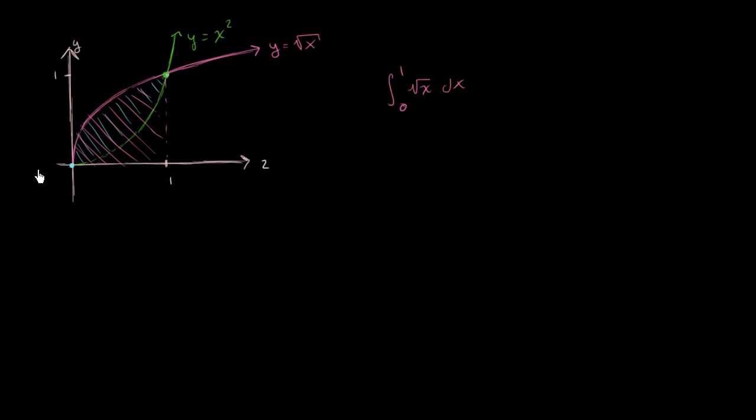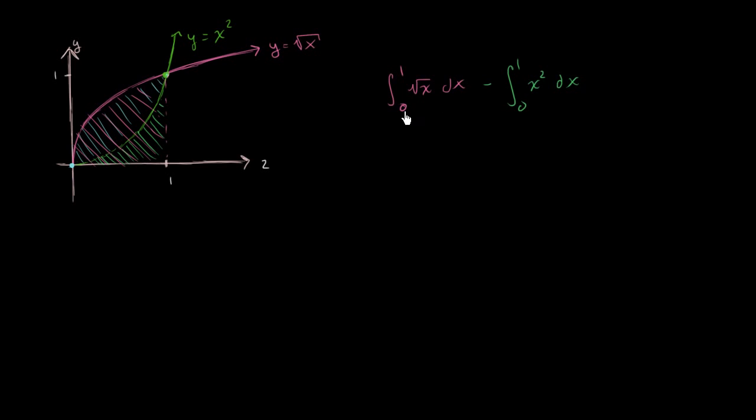And then from that, subtract out this region, the area underneath y equals x squared but above the x-axis. So from that, we could subtract, from 0 to 1, that's the interval we care about, the area under x squared dx. And this would be completely legitimate.